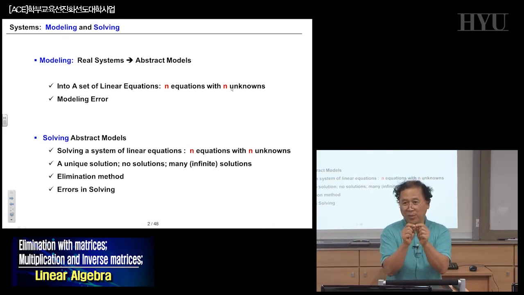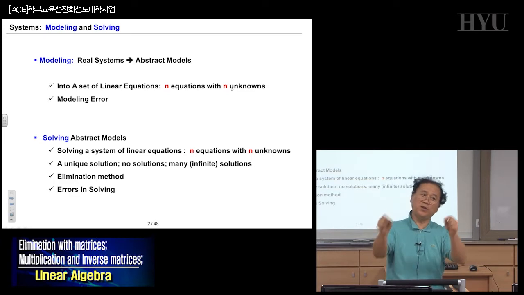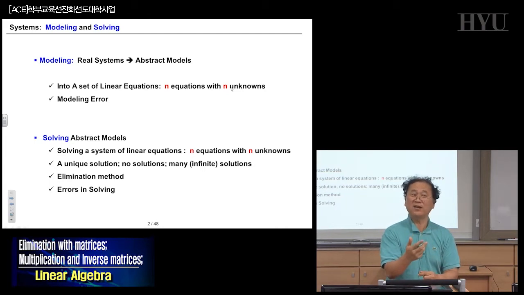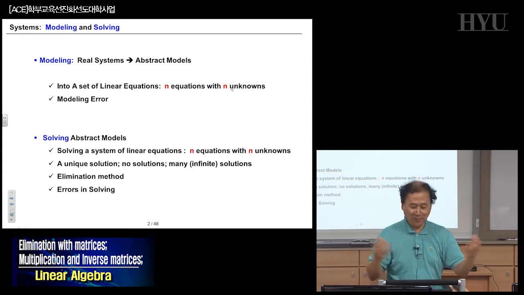When you model, you have to measure all the parameters perfectly, but there are errors in estimating parameters. Also, when you represent it in a computer, there are accuracy problems, right? A computer is not infinitely accurate. Computer representation of a number is always an approximation. So when you compute, you have problems, right? That's the modeling part.